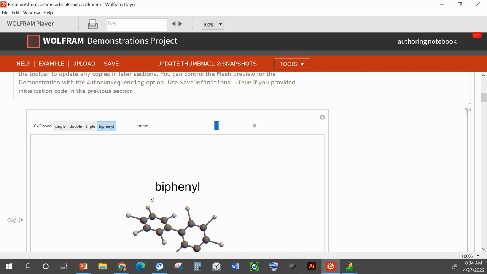This hydrogen cannot move away from this hydrogen. They're locked. But if I spin this molecule, let's find a good angle. If I spin around this single bond, these hydrogens can kind of get away from each other at the edges, okay, because they're on different rings. And because that center bond is a single bond, we can rotate around single bonds.